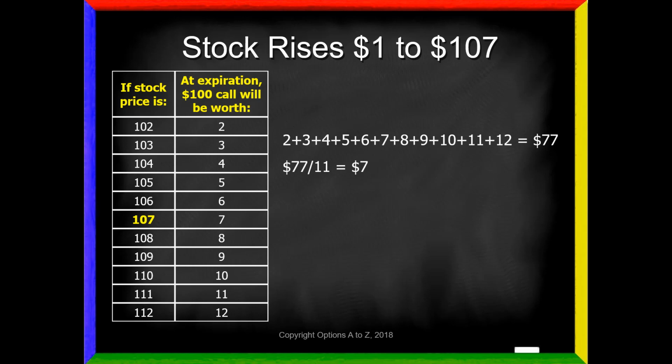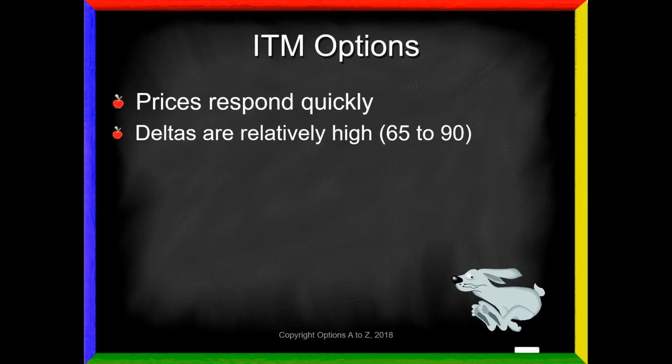So if the stock moves from 106 to 107, one full dollar, that option's price goes to 7. Previously it was worth 6. What does that mean? It means the option is picking up dollar for dollar with changes in the stock. Its delta is 1.